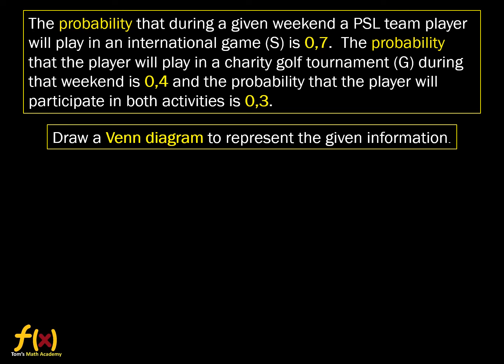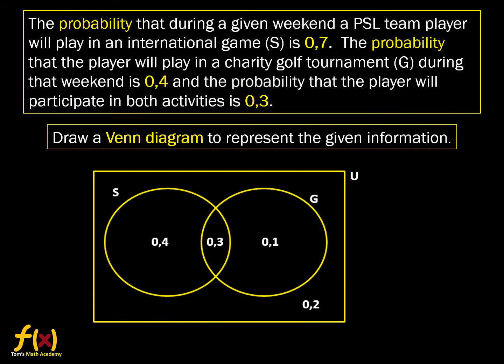We have probability of S, probability of G, and also the intersection. How to represent this? What is our method? The common part, the intersection, is 0,3. First of all, you place that 0,3.